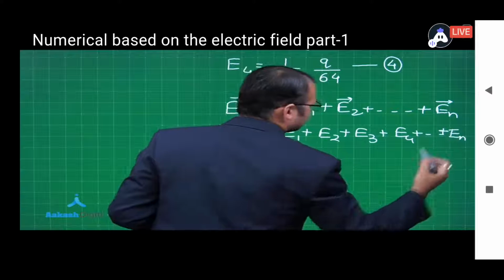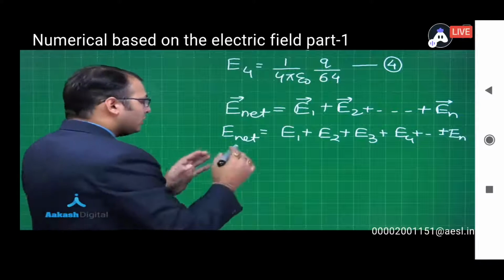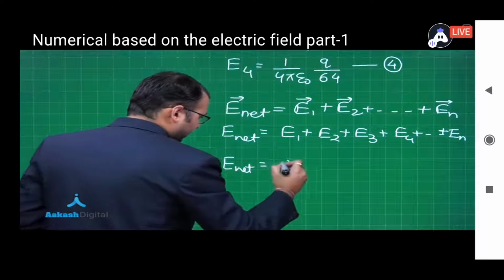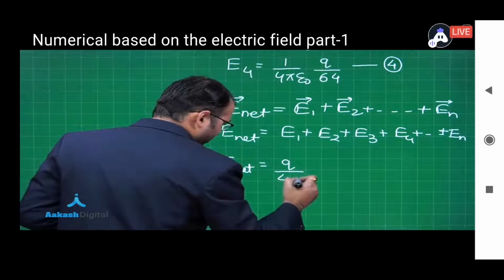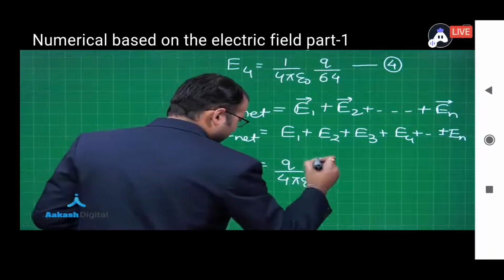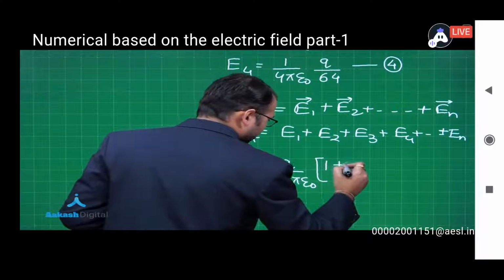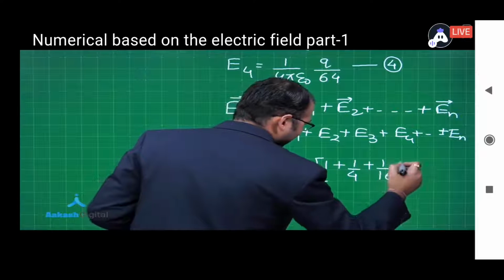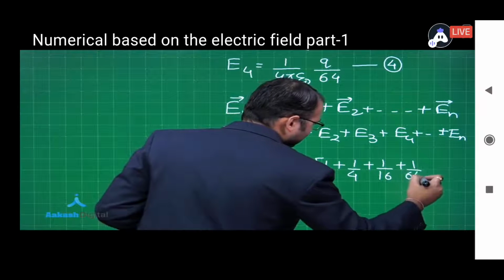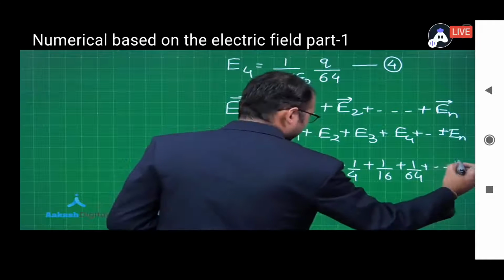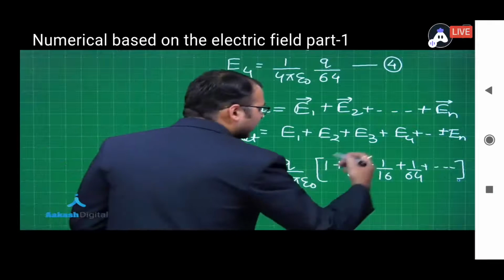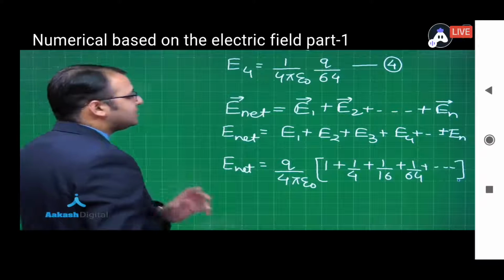If you put in the values we have known so far, taking q upon 4 pi epsilon naught as common, I will get 1 plus 1 by 4 plus 1 by 16 plus 1 by 64, and this will continue till infinity.